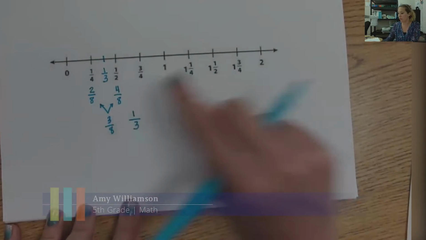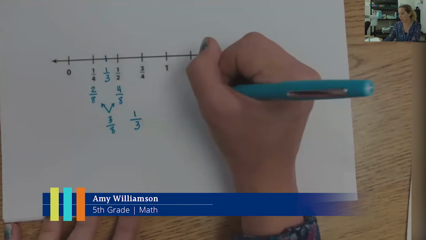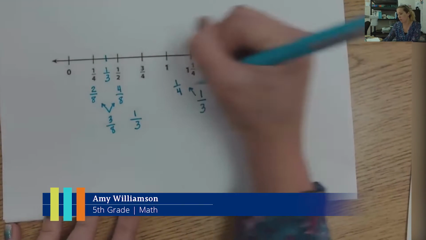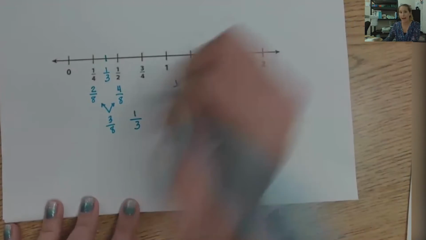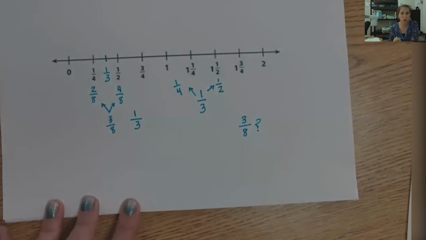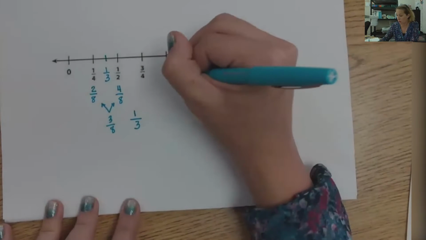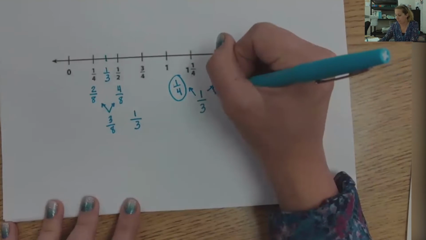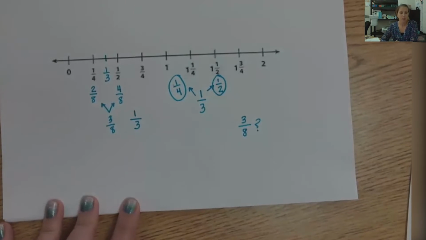So over here on our first one, we said 1/3 falls in between 1/4 and 1/2. What would the lower estimation be? Did you say 1/4? Great job. What would the higher be? 1/2. All right.